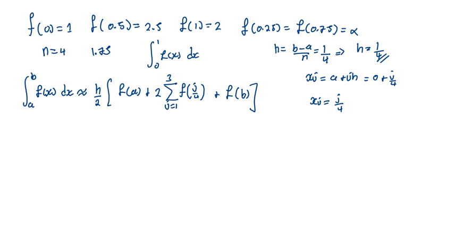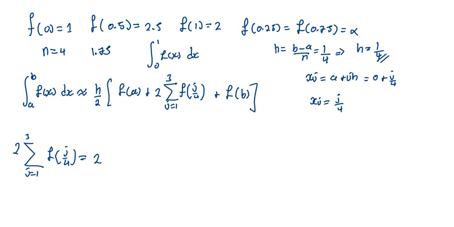So let's deal with this part here: 2 multiplied by the summation of f of j over 4, from j equals 1 to 3. I'm going to write this down, starting with a 2 here.